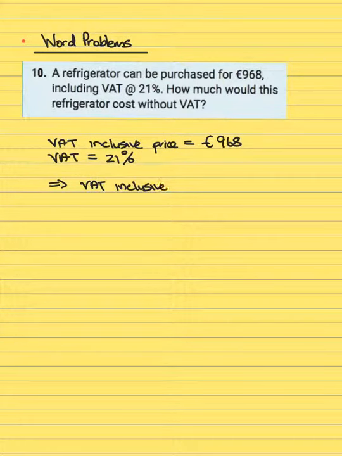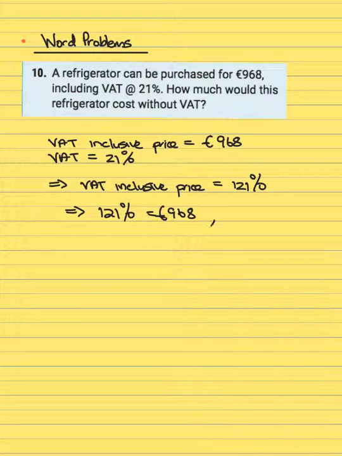And that's 121%. So the VAT inclusive price is 121%, which is 968. So we know 121% is €968, and we want to find the cost before VAT, in other words, the 100%.